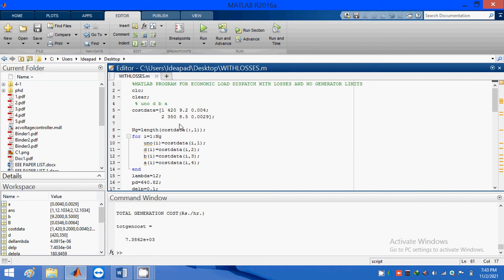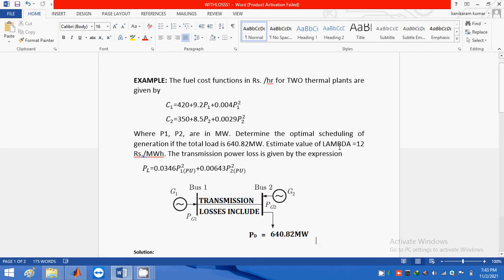First of all we need to find suitable parameters for the present problem, and then a suitable lambda value. Lambda is already given as 12.